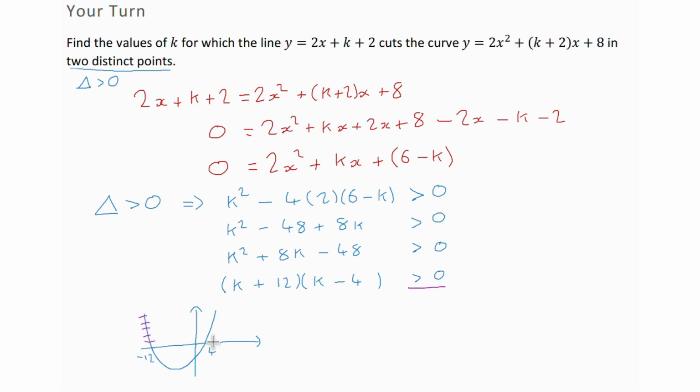It is bigger than 0 up here and up here, which means for these values of k. So our solutions are when k is greater than 4 or when k is less than negative 12. If k satisfies either of these, then this line will indeed cross this curve 2 times.